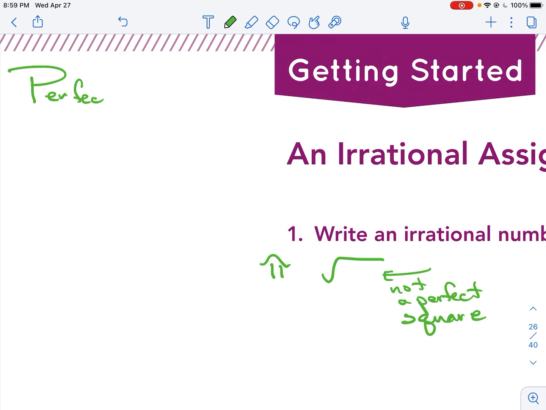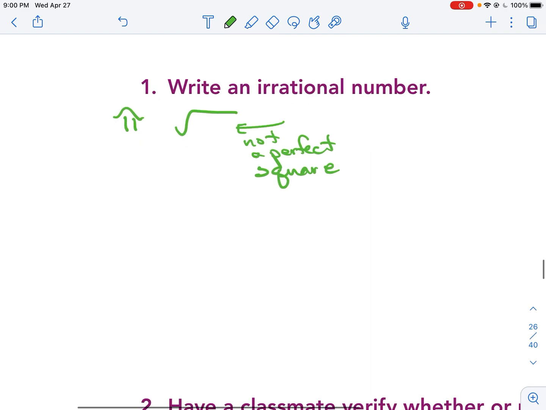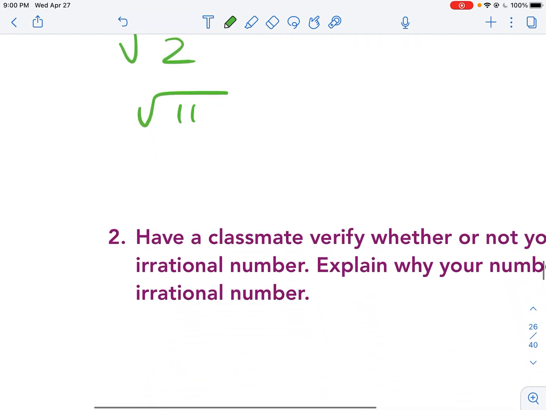So perfect square, these are your perfect squares. 1 squared is 1. 2 squared is 4. 3 squared is 9, and so on and so forth. These are my perfect squares. So, something that is not a perfect square, 2. 11. Okay.